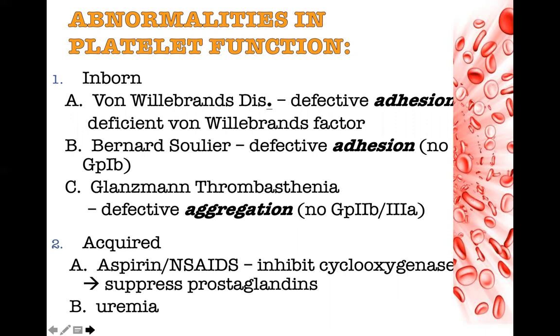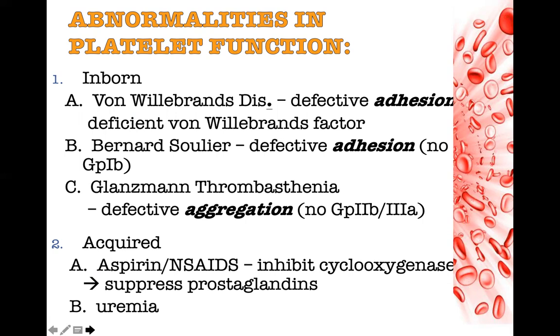Then you also have acquired abnormalities in platelet function, like intake of aspirin and NSAIDs. We say that these two drugs inhibit cyclooxygenase and thereby inhibit prostaglandin, in particular prostacyclin, which is a potent platelet aggregator.